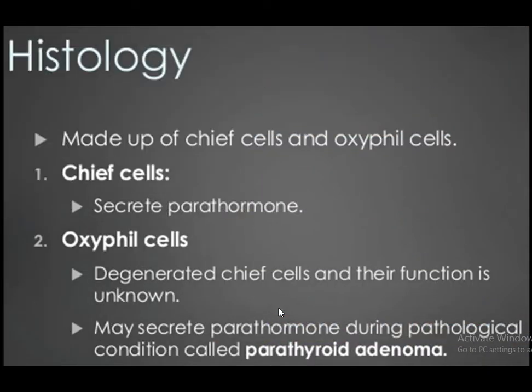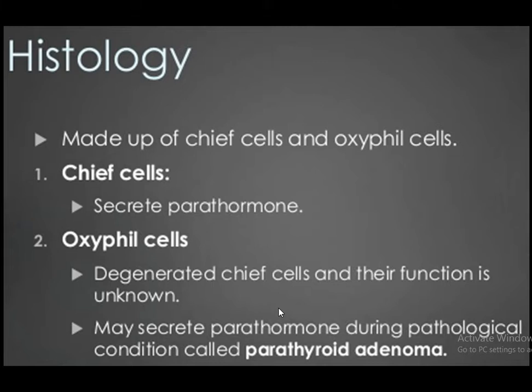As far as its histology is concerned, it is made up of mainly two types of cells, chief cells and oxyphil cells. The chief cells produce the main hormone, while the oxyphil cells are degenerated chief cells and their main function is not known.